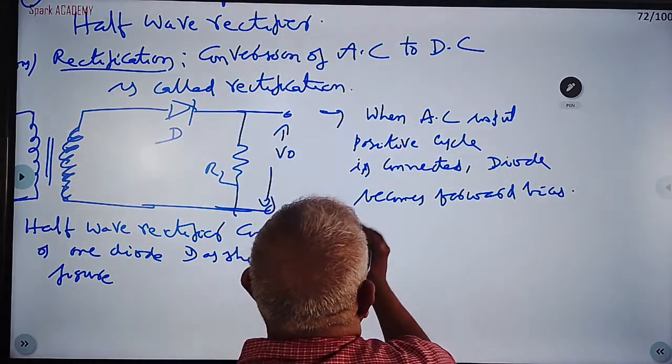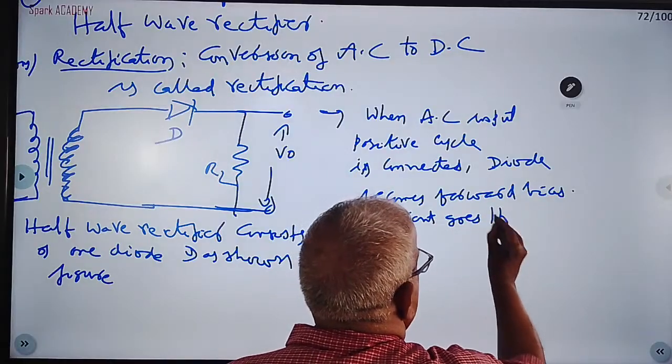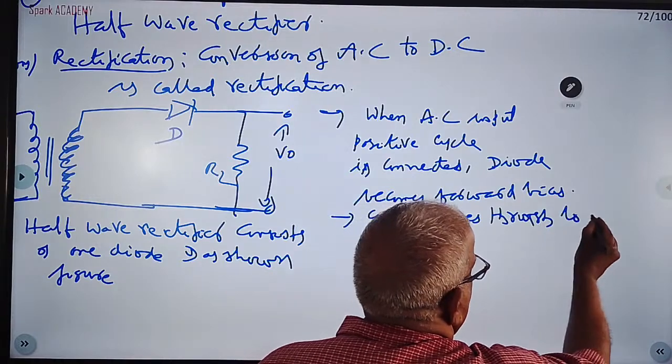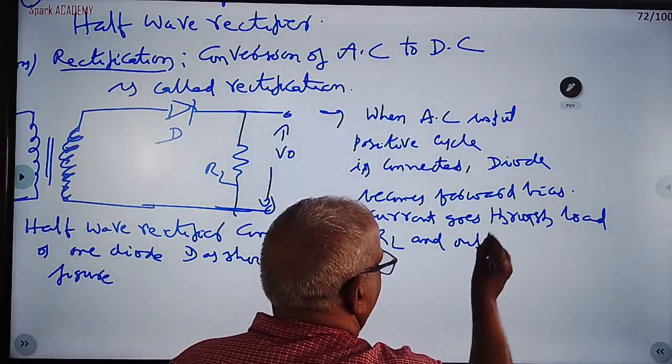In forward bias, current goes through the load RL and output is developed.